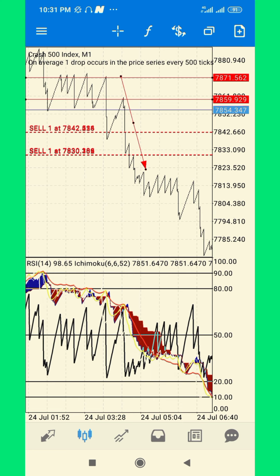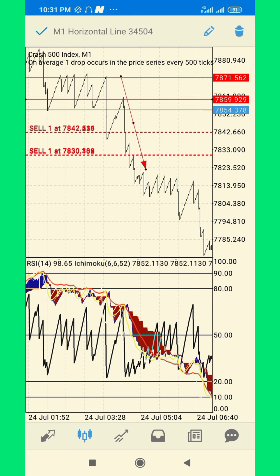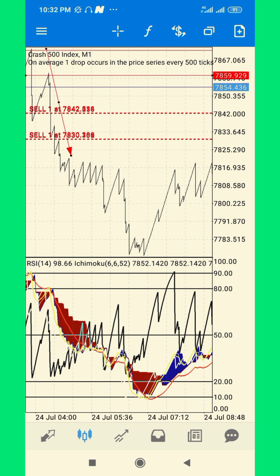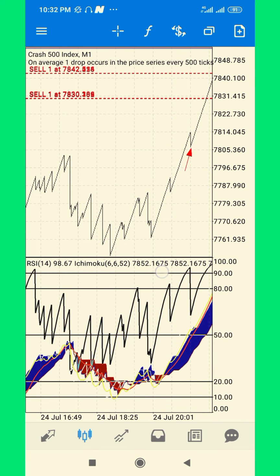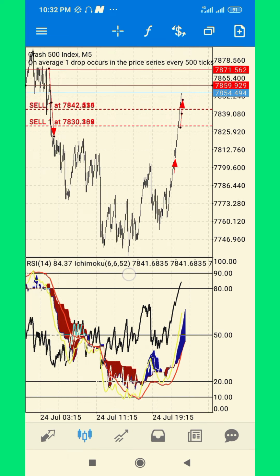That is where I am predicting it will spike. That would have been the right direction and the point to place my markets.